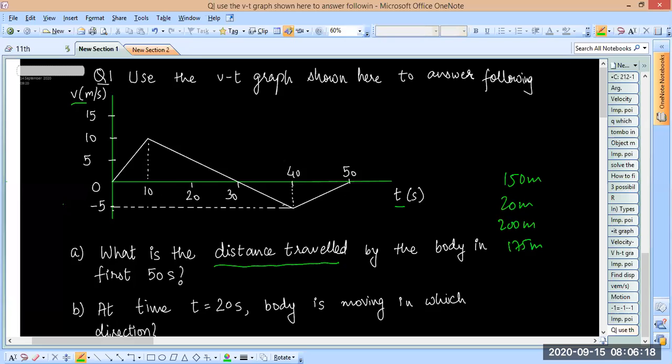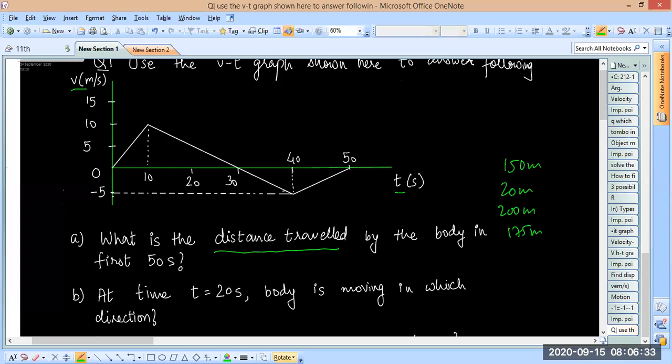Yes, you have to find the area between the graph and the x-axis, right? It would be all different from A1 plus A2. Yes, Ankita, perfect answer, right? Okay, so let's start. Which areas do we have to consider?